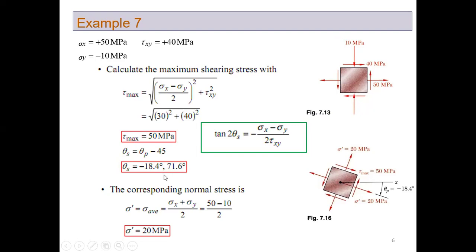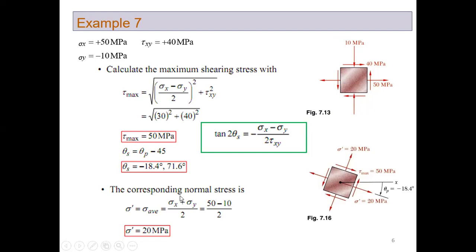So the orientation of the second plane or axis where the shear stress is maximum would be at an angle of 90 degree to the first axis. So to this angle, you just add 90 degree. So our second angle would be 71.6 degree. These are the orientations of the axes where the shear stress is maximum.